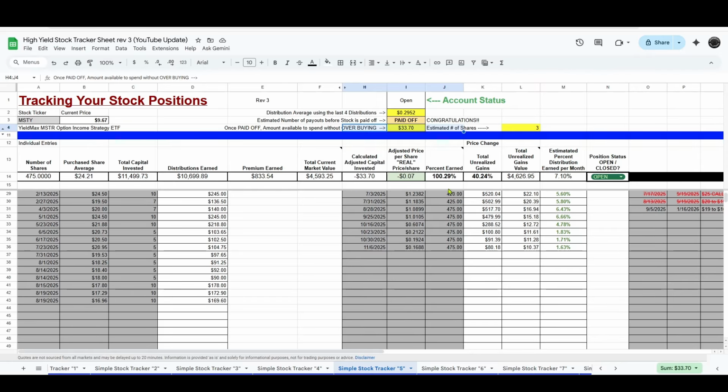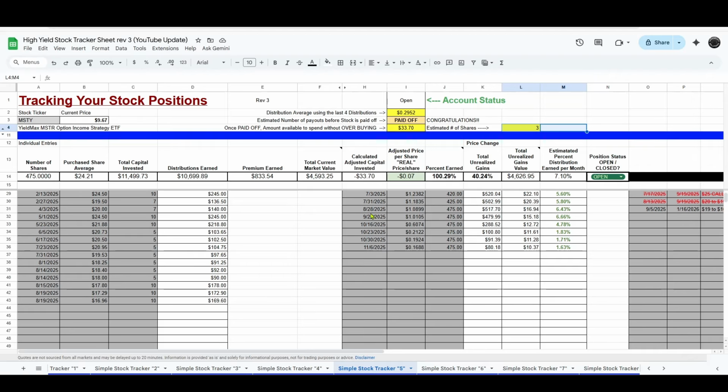But as you can see, after that, I have a total of $33.70 that I can spend. And at the current price, looks like I can get about 3 shares. And this will round down so that you do not exceed the amount that you have available for purchases. So I can go in and purchase shares as long as I do not exceed the $33.70 here.